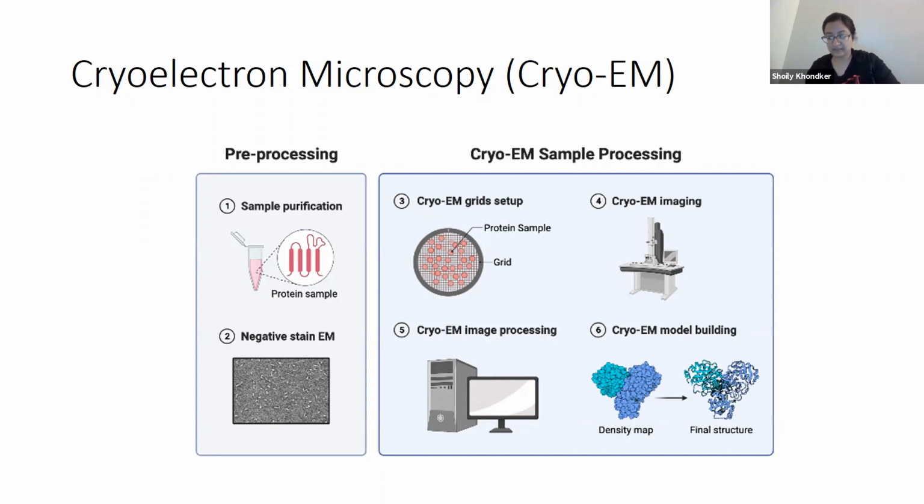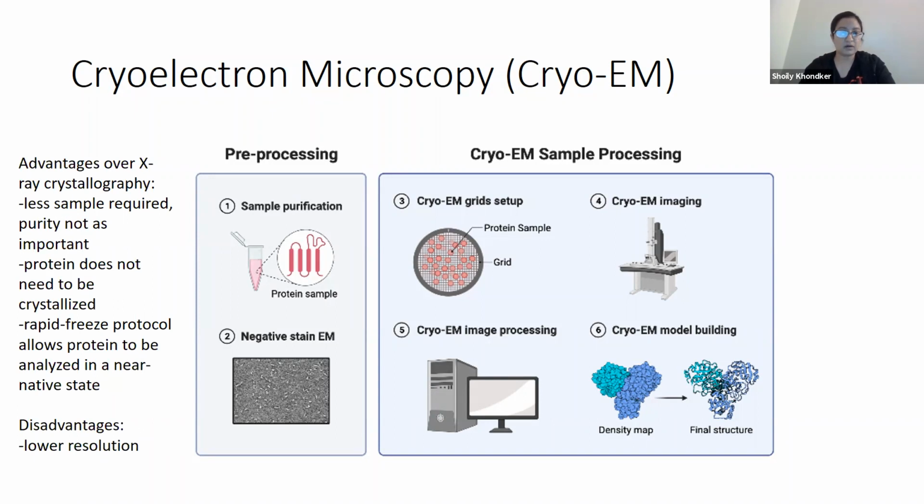Multiple images are then obtained, and then these images are combined, and they are averaged to reduce the background noise. This process is called single particle reconstruction, and this gives a 3D model of a single particle.